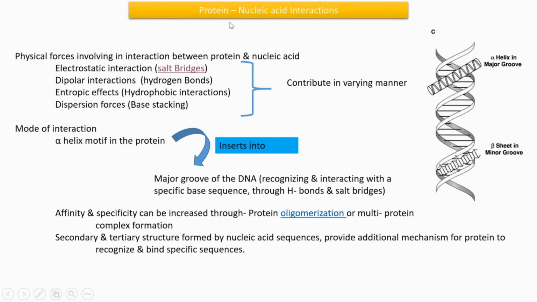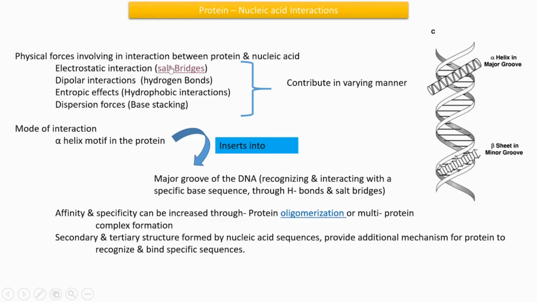Next, we are going to see another section of this chapter, that is protein nucleic acid interaction. In what way do proteins interact with nucleic acids? What are the physical forces involved in the interaction between protein and nucleic acids? There are electrostatic interactions. Electrostatic interaction means salt bridges.